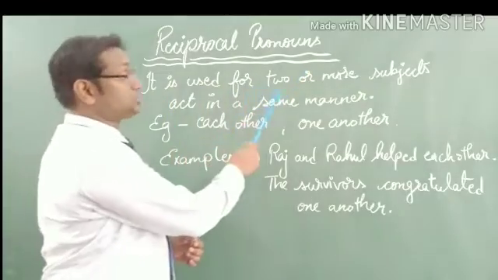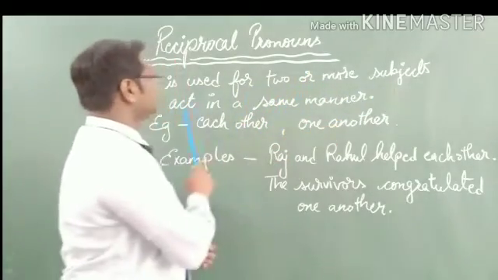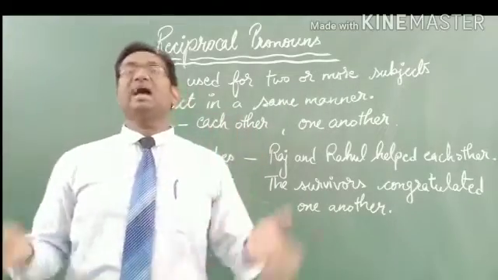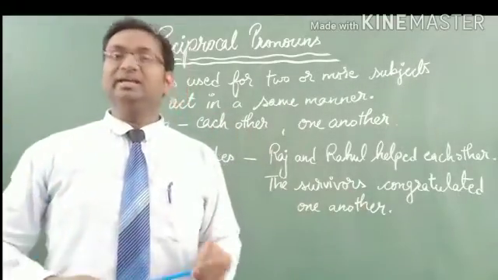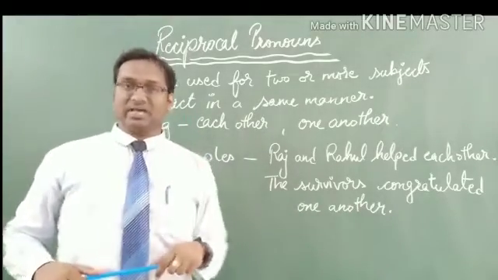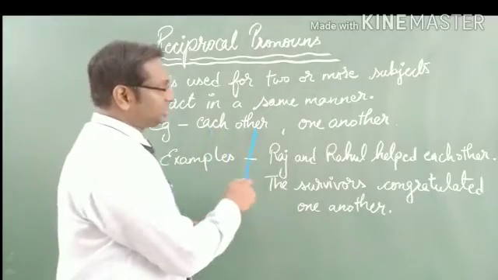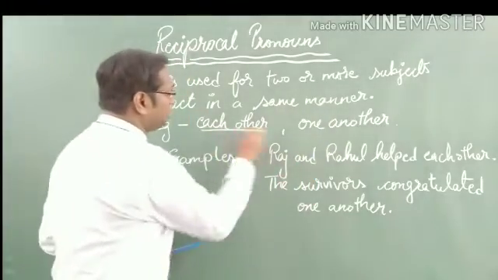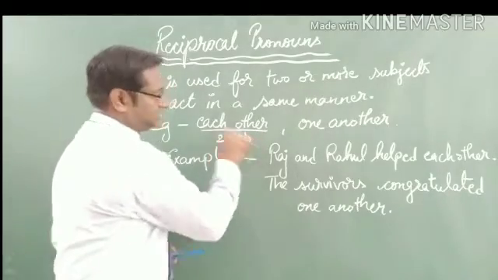It is used when two or more subjects act in the same manner. When two or more subjects do the same thing, then it is called reciprocal. Now in this we have two examples: each other, one another. Each other is used for two subjects.